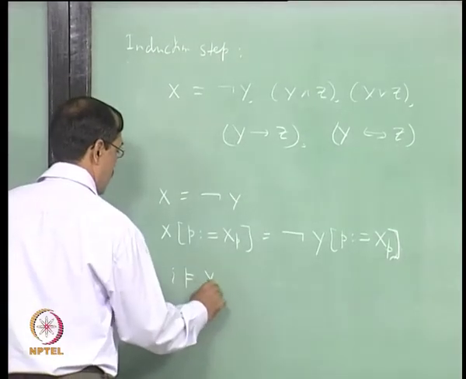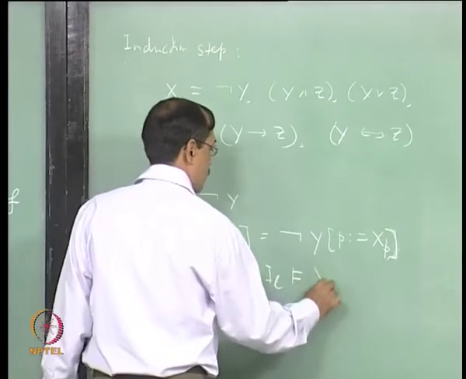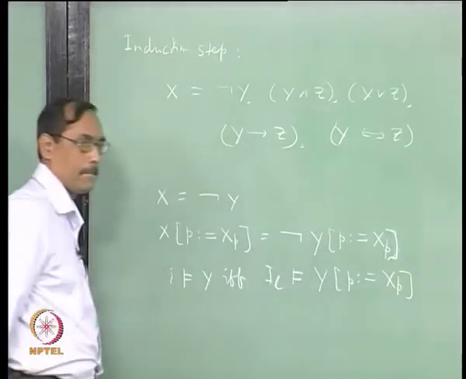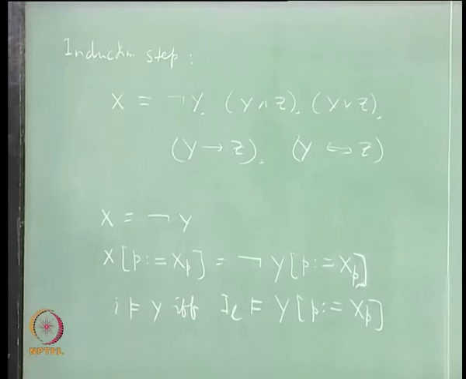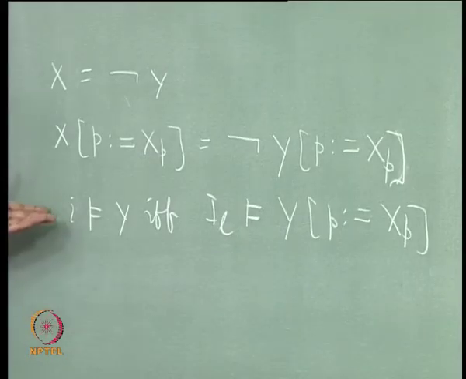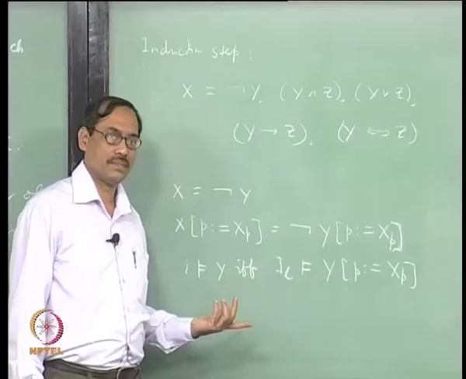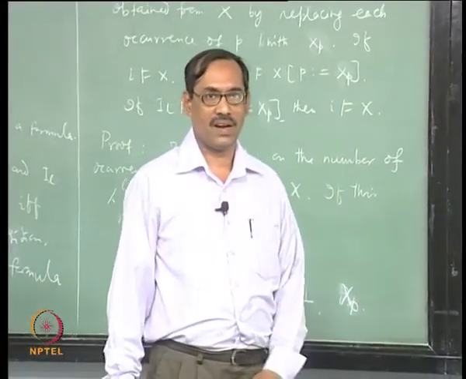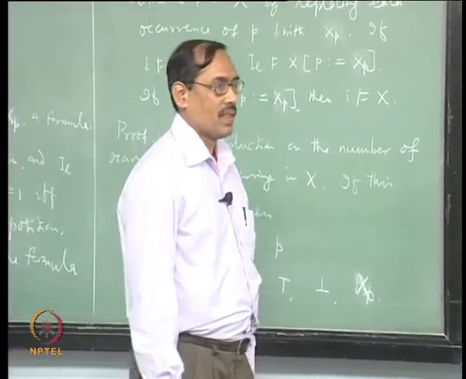Now the conclusion is clear, right, because of the connective not. The same way I_L also tackles not as I does. Is that clear? Now for all the connectives the proof will be similar. You just go on writing it, that is all. Fine.